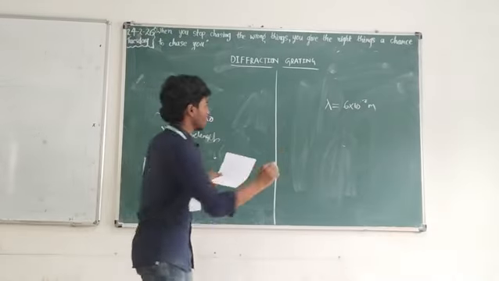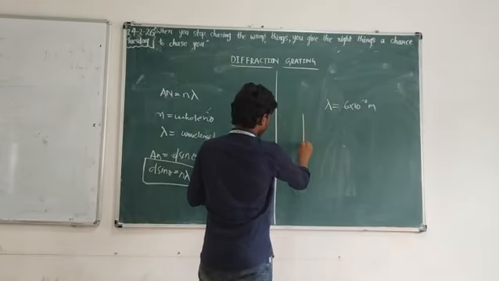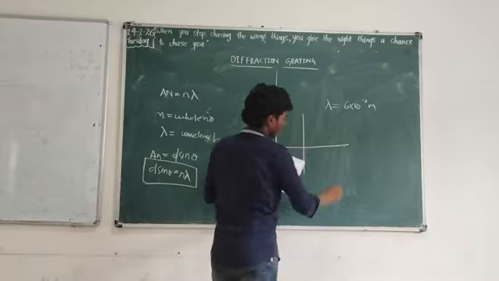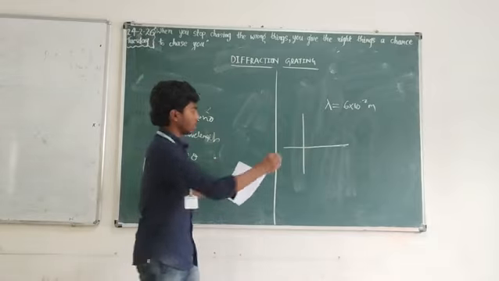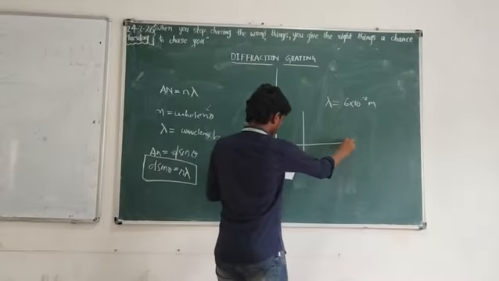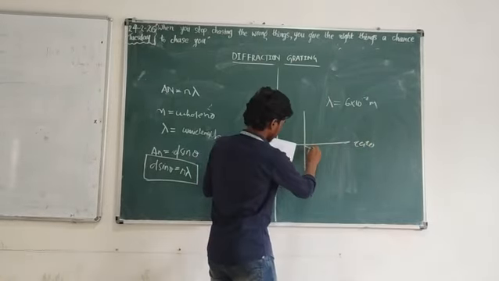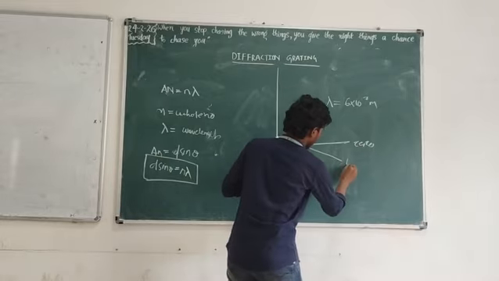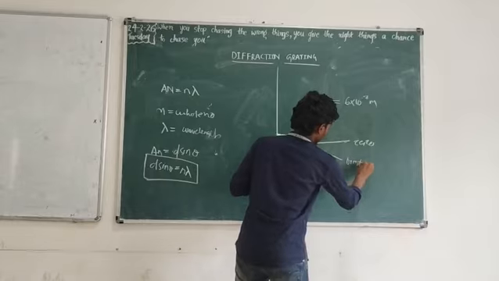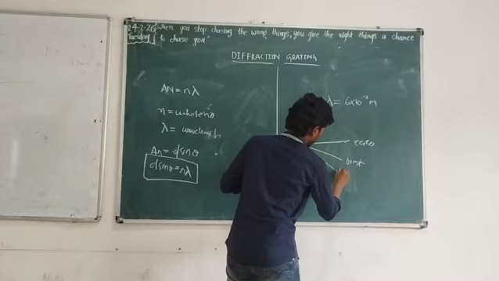So you just need to do one thing. You just need to draw that plane, Cartesian plane. See, this should be the 0 angle. Okay, and the next one should be the first order, and the third one will be the second order.